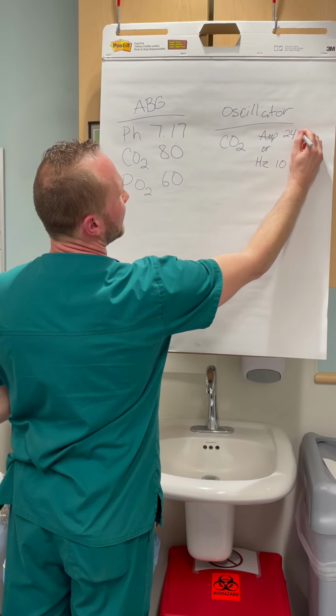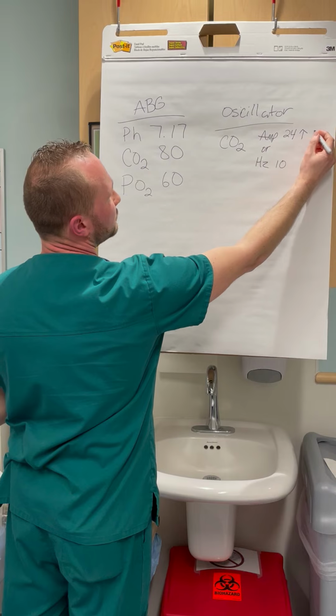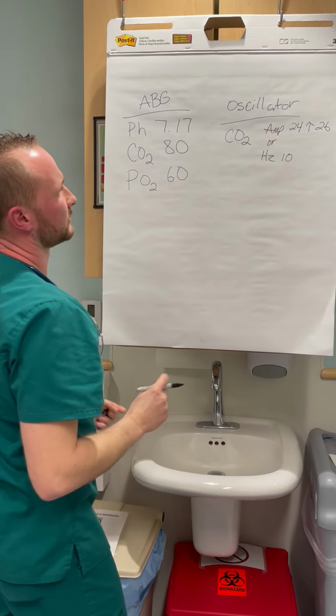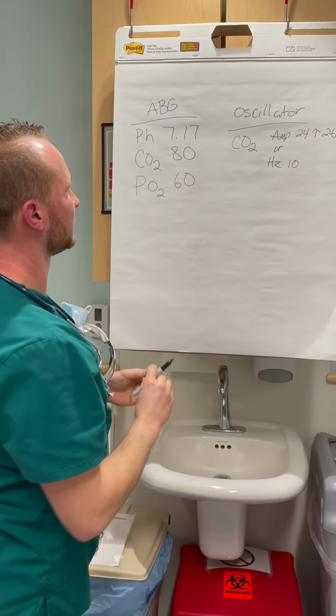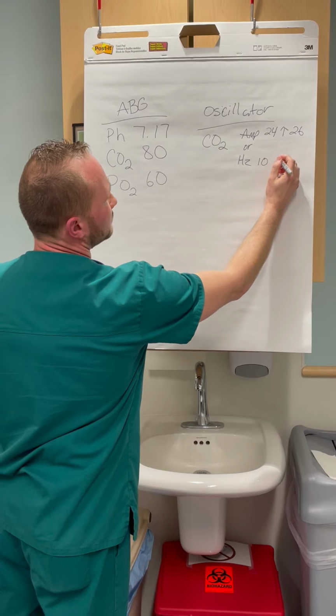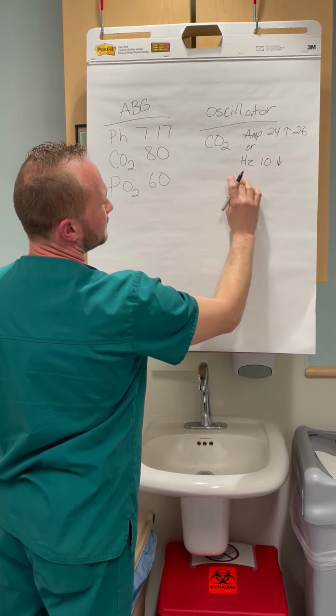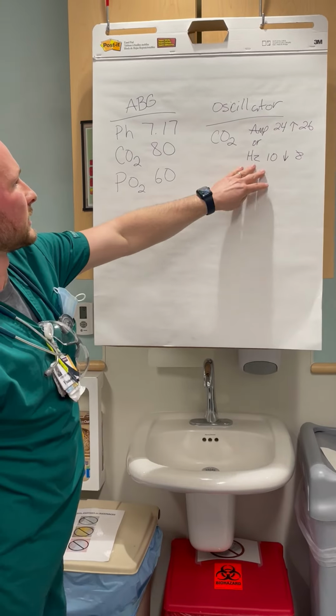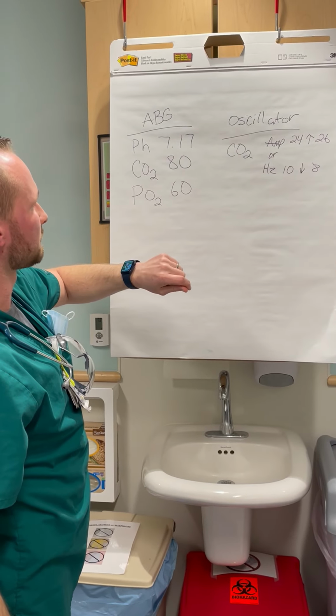Usually if it's high, we would go up by at least 2 or 3, so say 26. You're going to increase that amplitude to get rid of CO2. Or you could decrease our hertz to say 8 to try to decrease the CO2.